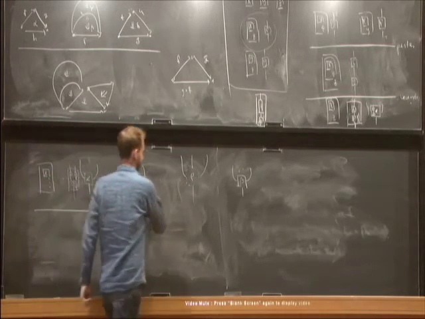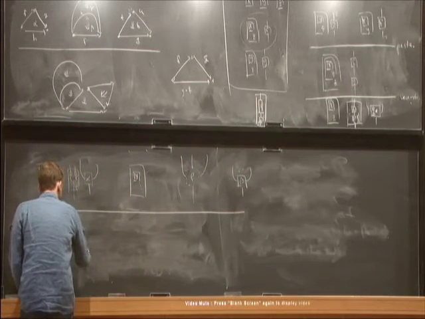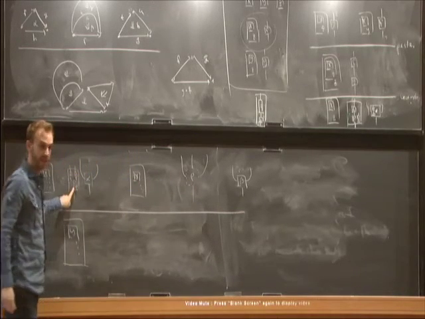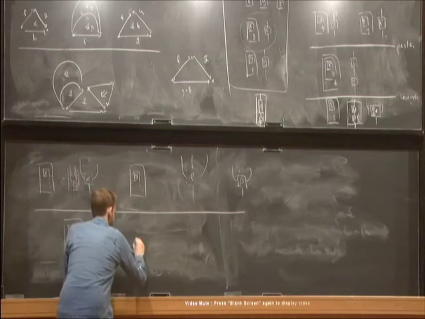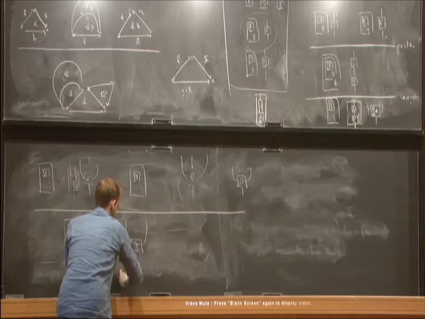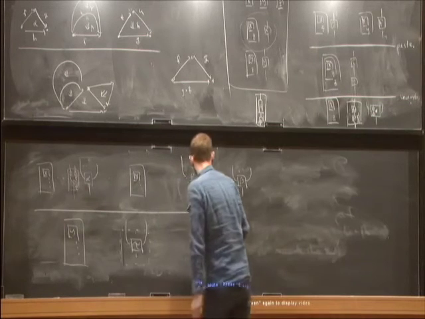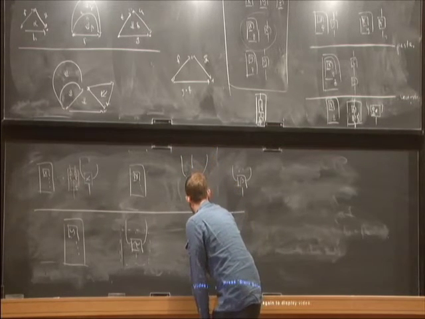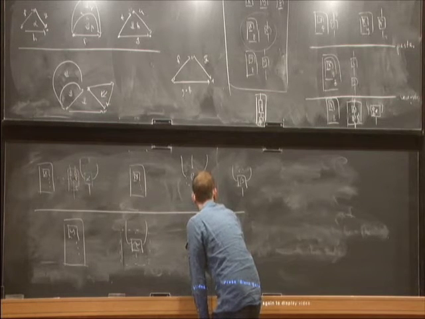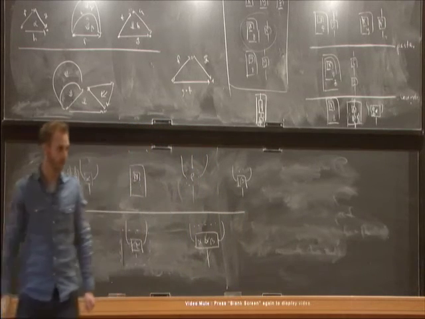Then there's a new cell with rho replaced by tau. And remember, this is going to participate in some context here. And I'm going to write this as alpha transformed by beta.